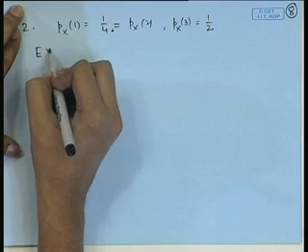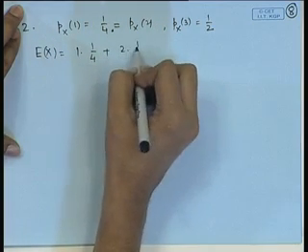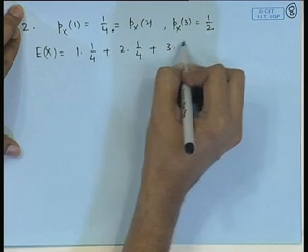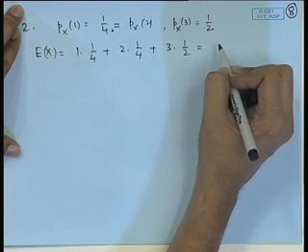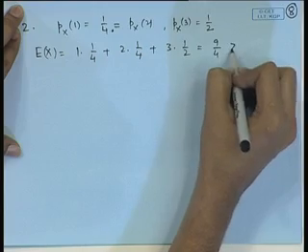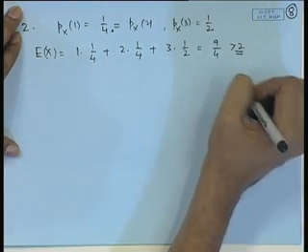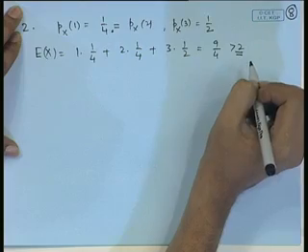Here expectation of x is equal to 1 into 1 by 4 plus 2 into 1 by 4 plus 3 into 1 by 2, which is equal to 9 by 4, which is actually greater than 2. That means on the average you will need more than 2 testings for getting the defective bulb.